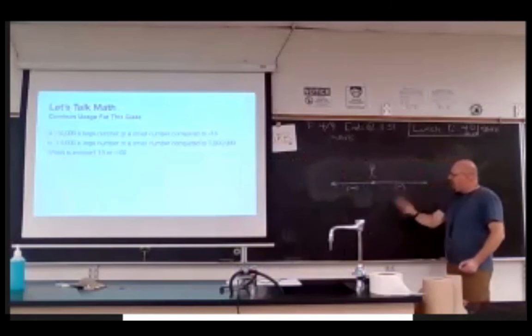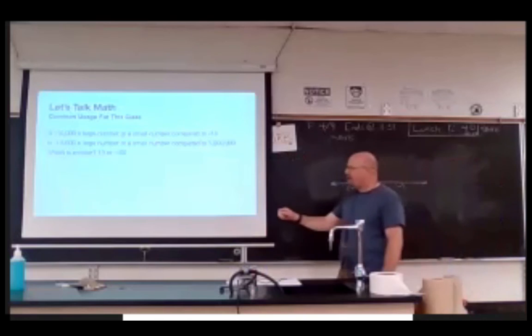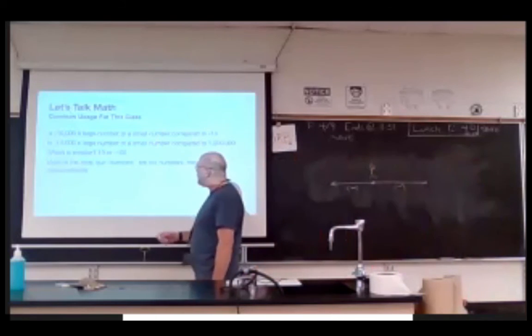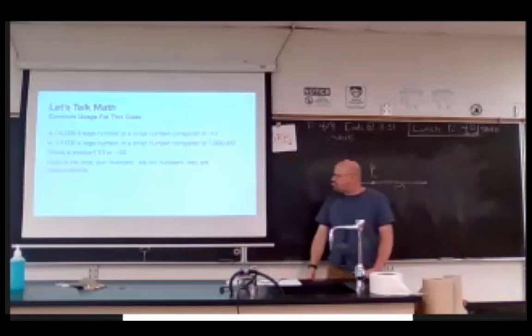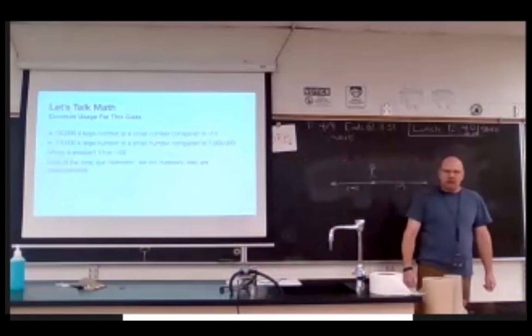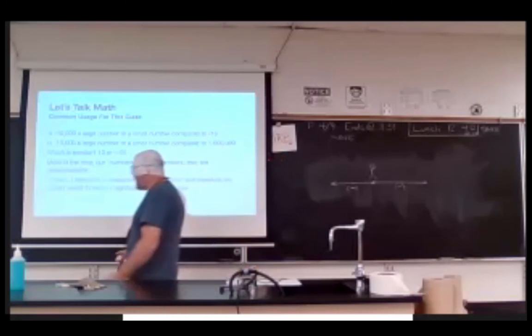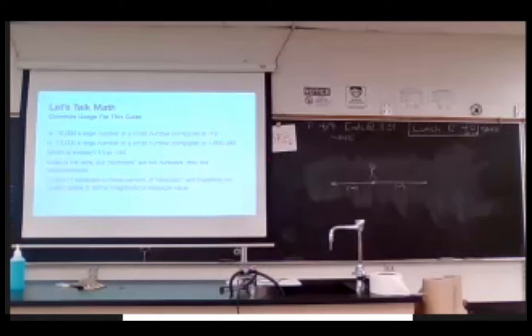So in science, our sign is giving us more of an idea of direction rather than anything else. So most of the time, our numbers are not numbers, they're measurements. And the positive and negative represent some kind of direction or some other factor that we're taking into consideration that are opposites of each other.